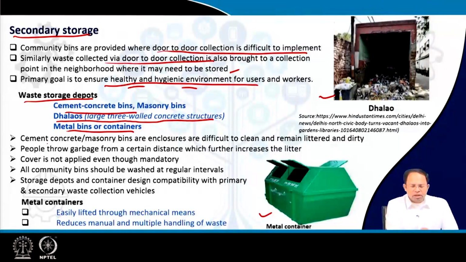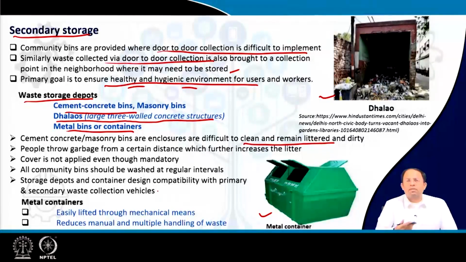So obviously cement, concrete and masonry bins are enclosures. These are difficult to clean and they remain littered and dirty most of the time. Why? Because people don't want to go near these areas and they keep on throwing the garbage into these enclosures from a certain distance.